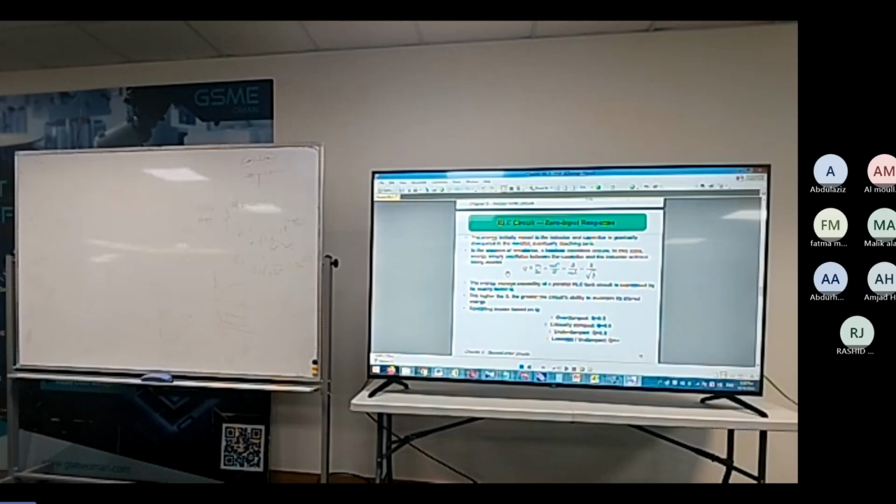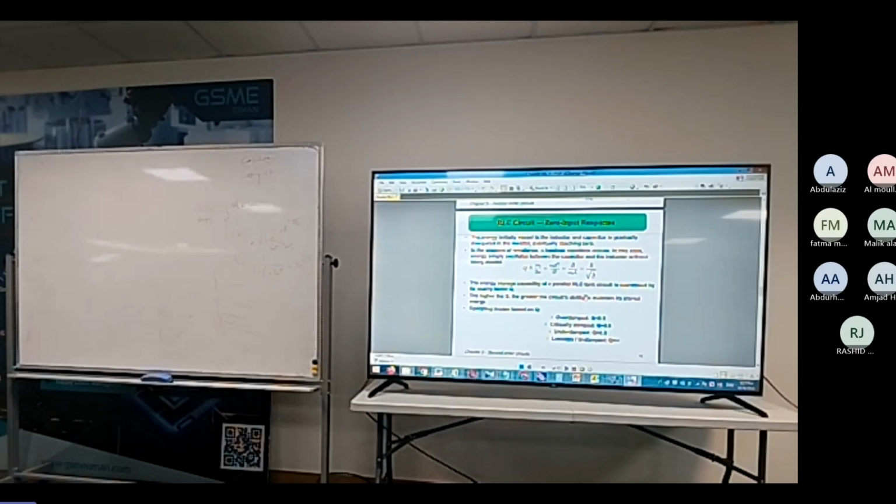Here we have quality factor. The definition of quality factor is oscillation frequency over damping factor, which means how much energy an RLC tank can store.